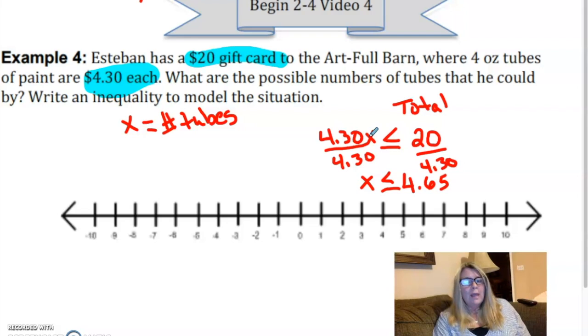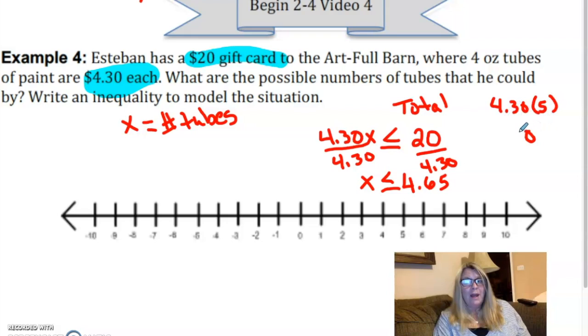Now, you can't buy half a tube of paint. So how many tubes could they buy? Could she buy 5? Because if you use plain rounding rules, that would round up to 5. But if we tried to buy 5, $4.30 times 5, well, that is higher than $20.